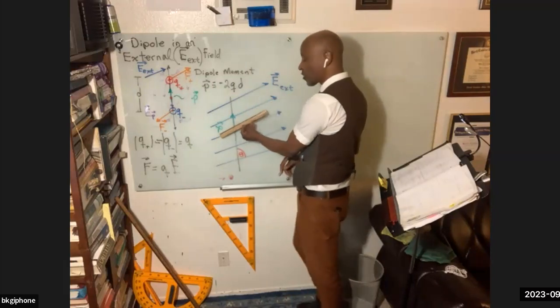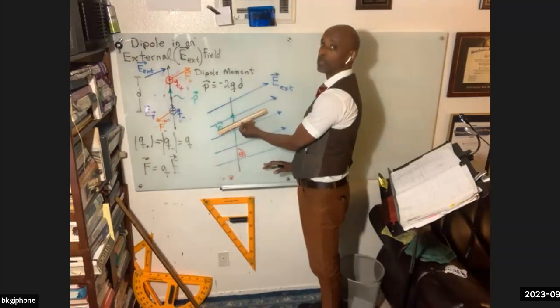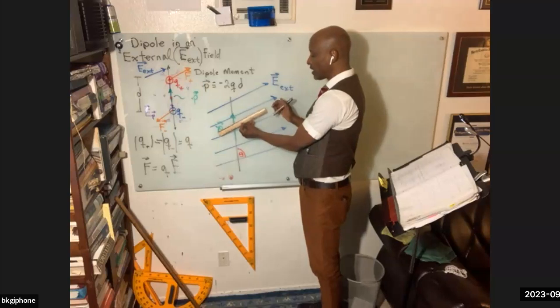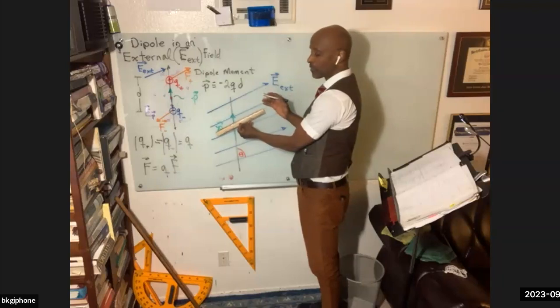So if I had started with the dipole moment in this position, when I turned on the field, nothing would happen. The only way it's going to move is if it's at some angle that takes it out of its equilibrium position.